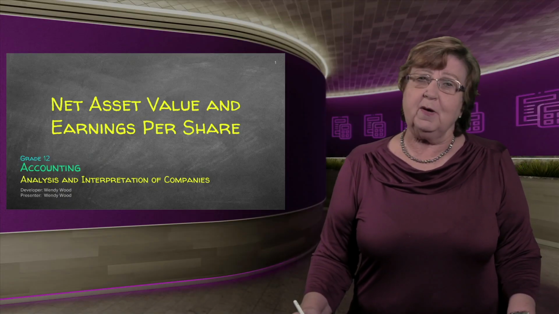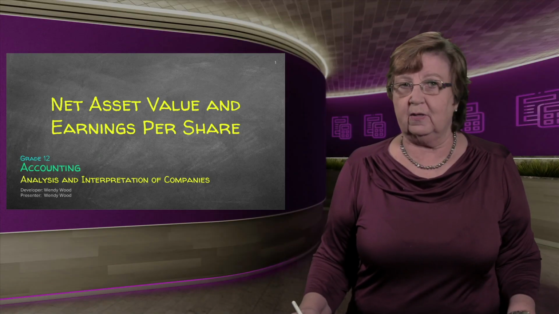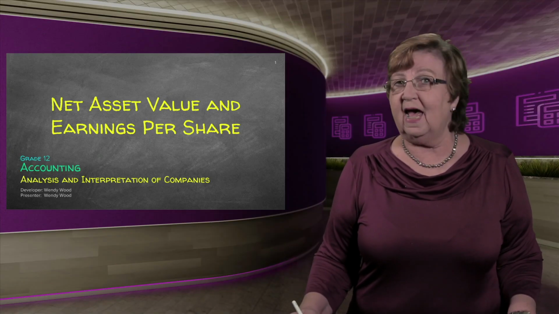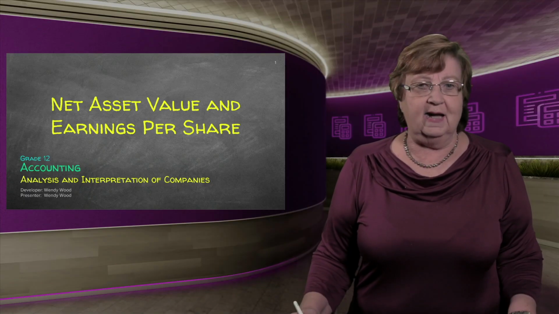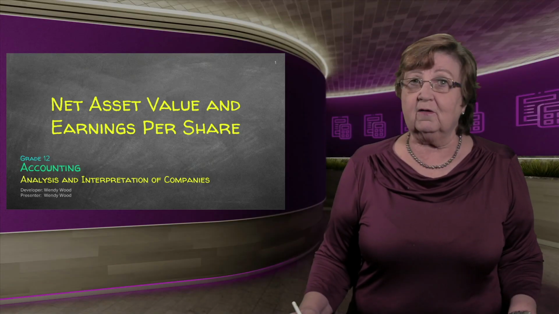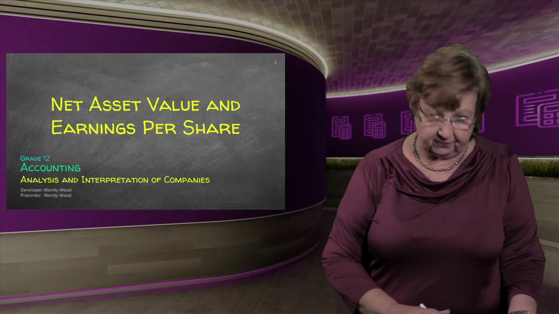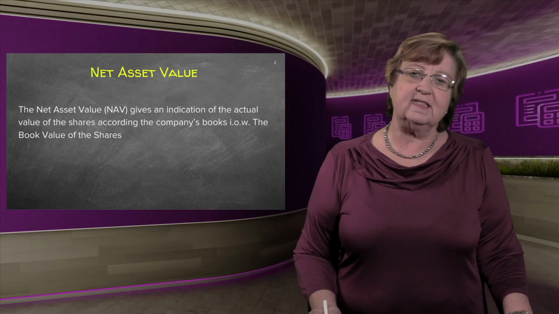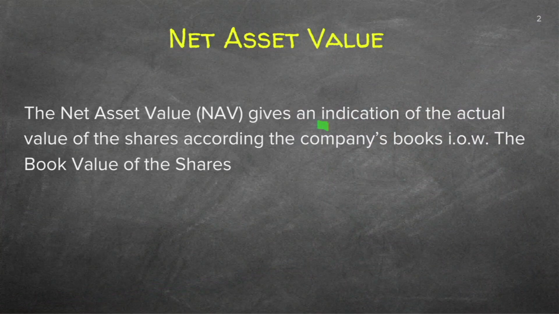So today we're going to have a look at two, and they are the net asset value and the earnings per share. So let's have a look at the net asset value first. The net asset value gives an indication of the actual value of the shares according to the company's books.